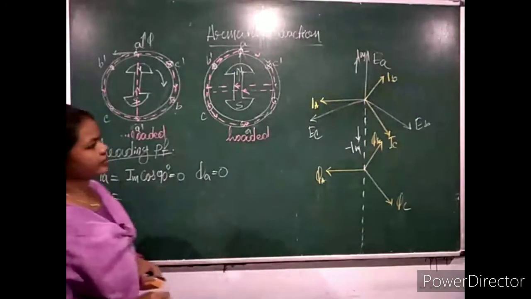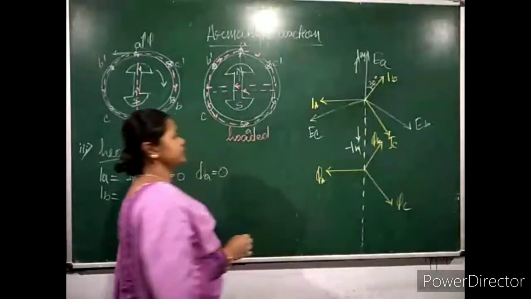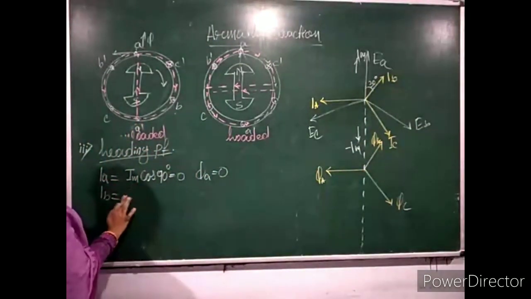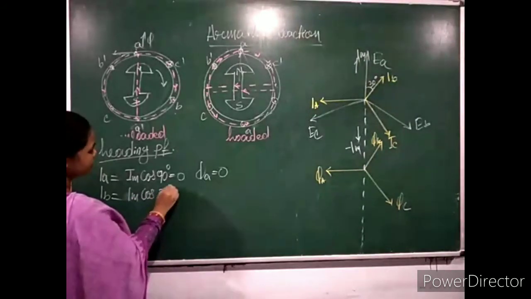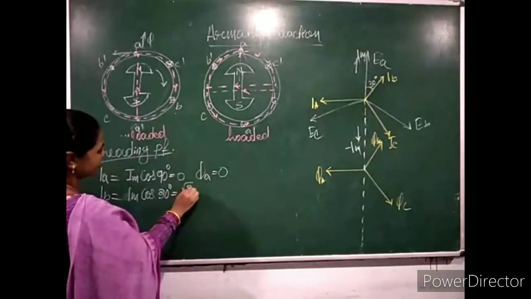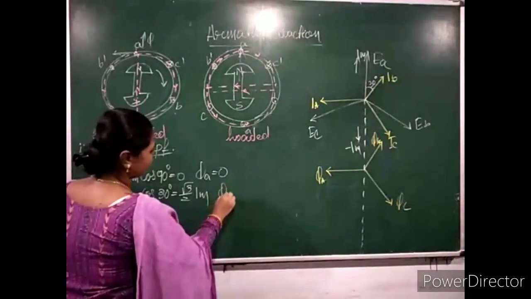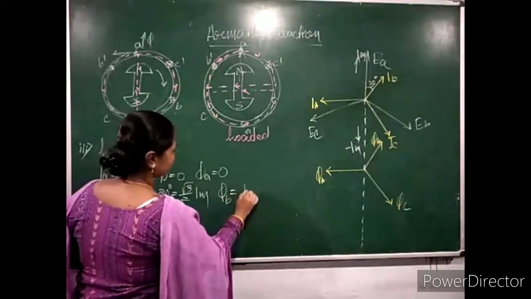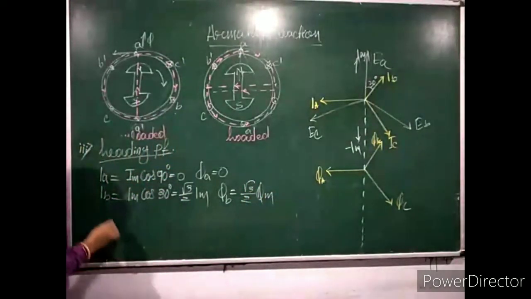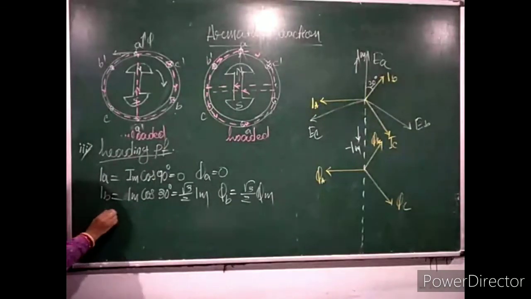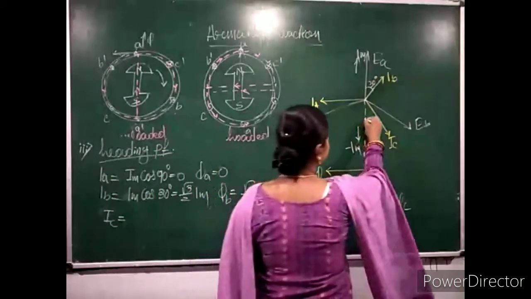IB, this one is Im cos 30 degree, whose value is √3/2 Im. So phi B value is √3/2 phi M. Then IC, this angle is 30 degree.